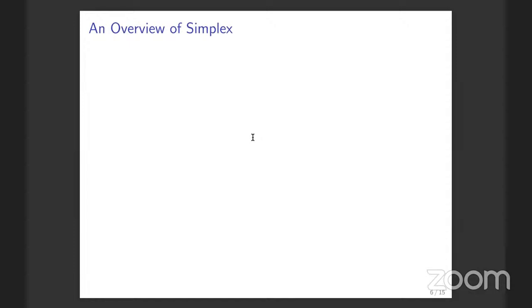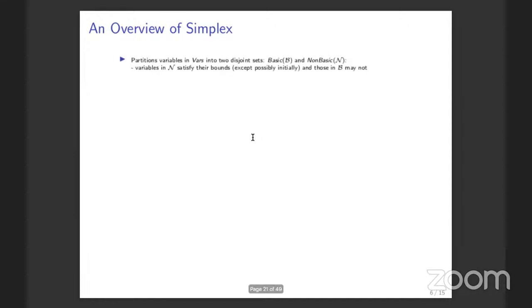Before I show you the actual algorithm, the pseudocode for the procedure, let me give you an overview of simplex. Some key ideas and key things that you need to understand about simplex: it partitions the original set of variables into two disjoint sets.